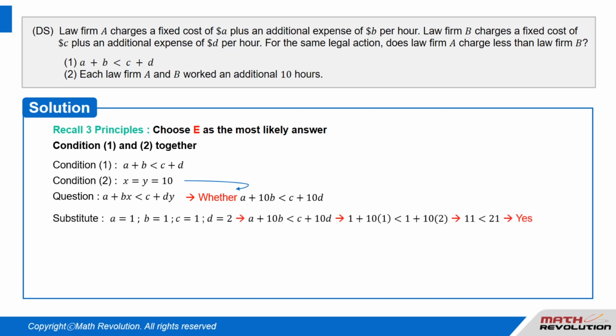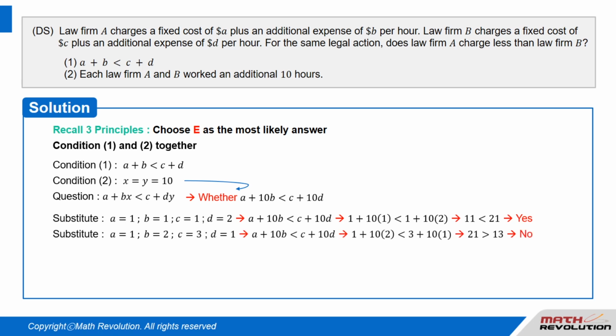So let us substitute A equals 1, B equals 1, C equals 1, and D equals 2. Then we get A plus 10 times B, which equals 1 plus 10 times 1 equals 11, is less than C plus 10 times D, which equals 1 plus 10 times 2 equals 21, which would be yes.